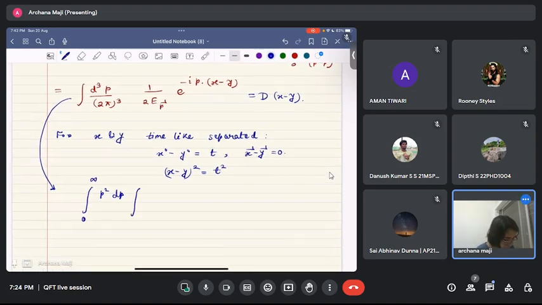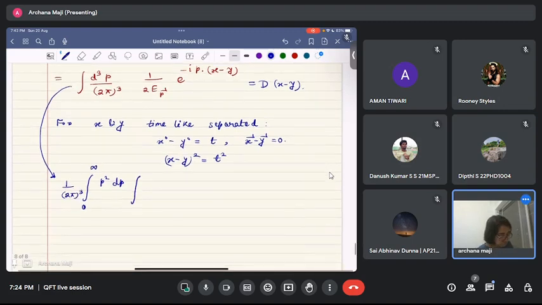Then 1 over (2π)^3, sin θ dθ, where θ goes from minus π to π, dφ going from 0 to 2π. 1 over 2E_p, where E_p is nothing but √(p^2 + m^2).